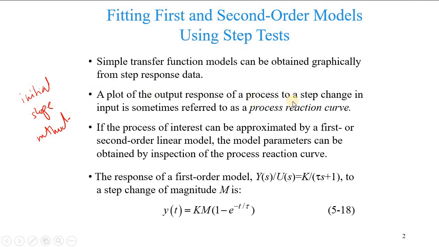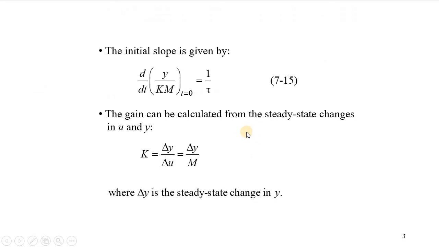If I have a plot of the response, an experiment or a figure, I want to deal with it. If the process of interest can be approximated by a first or second order linear model, the model parameters are obtained by inspection of the process reaction curve. What I want to say here is that we can get a first order model, not a second order.